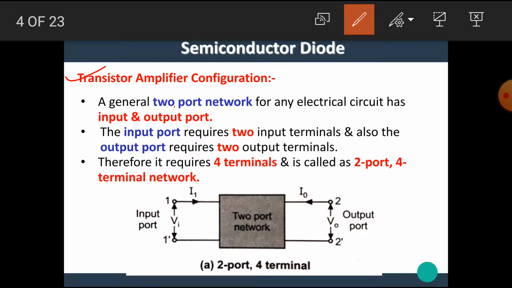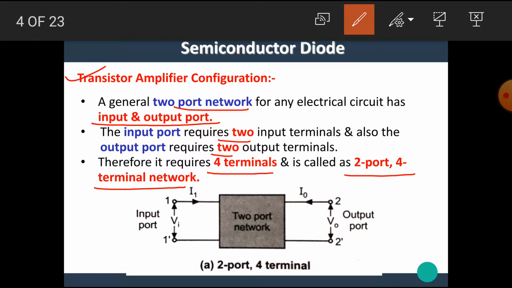A general two-port network for any electrical circuit has its input and output port. The input port requires two input terminals and also the output port requires two output terminals. Therefore, it requires a total of four terminals and is called a two-port four-terminal network.